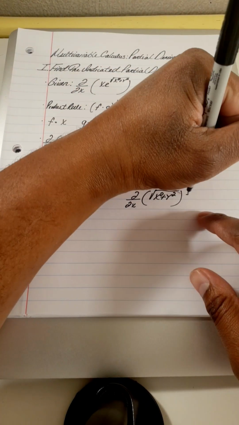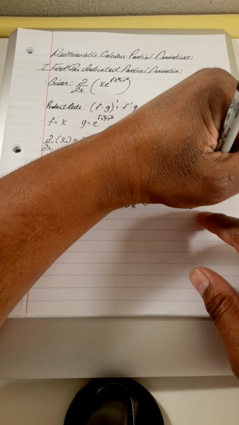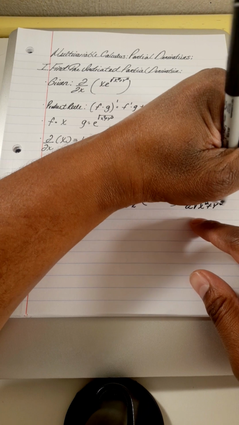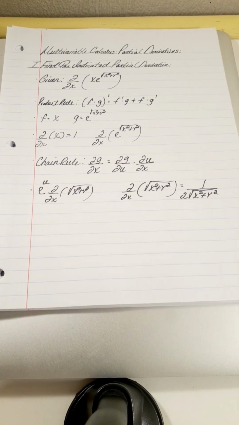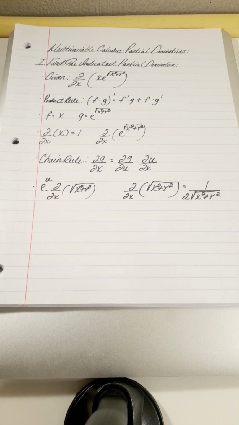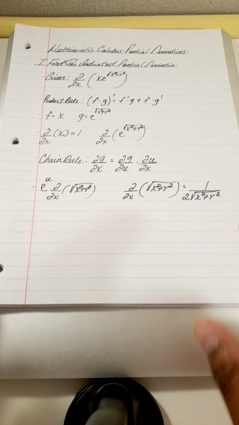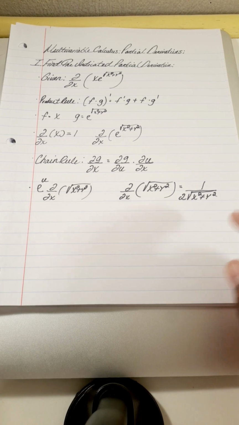Again, we use the chain rule. We'll have 1 over 2 multiplied by the square root of x squared plus y squared. Then the chain rule says we need to take the derivative of what's under the radical and multiply all of that by it. Since we're taking partial derivatives, we're treating y as a constant, or fixed.